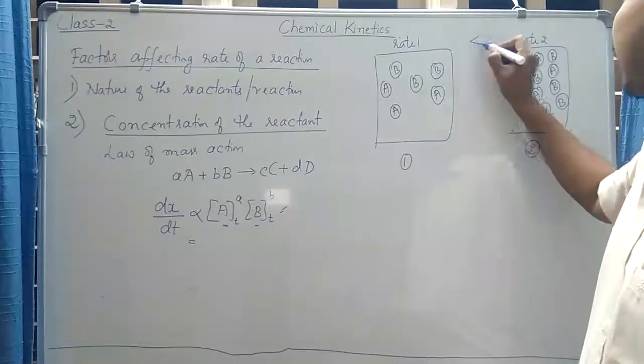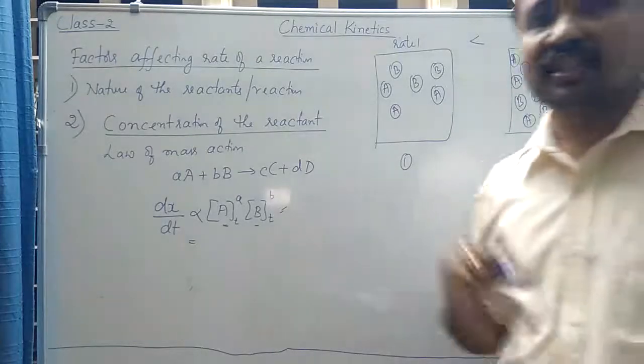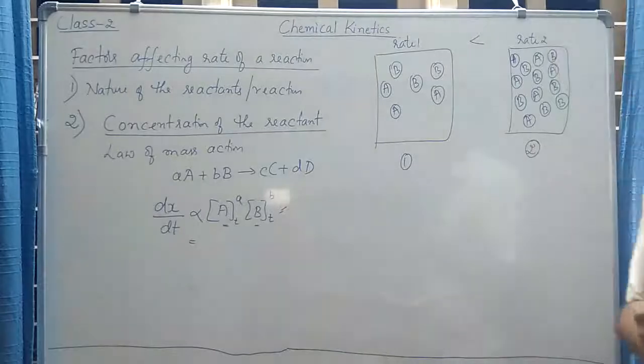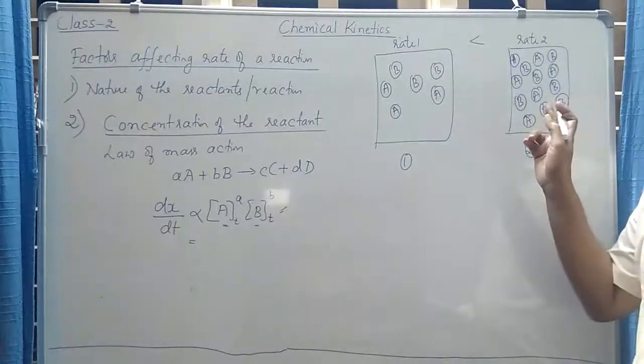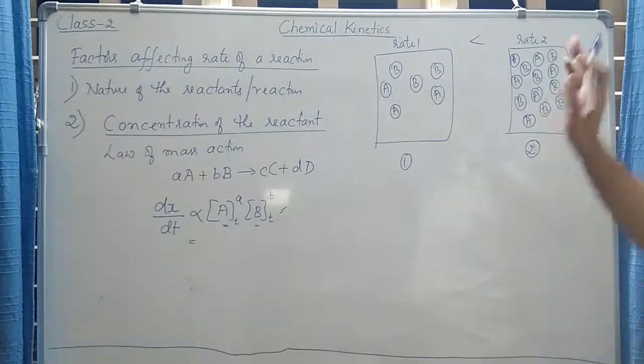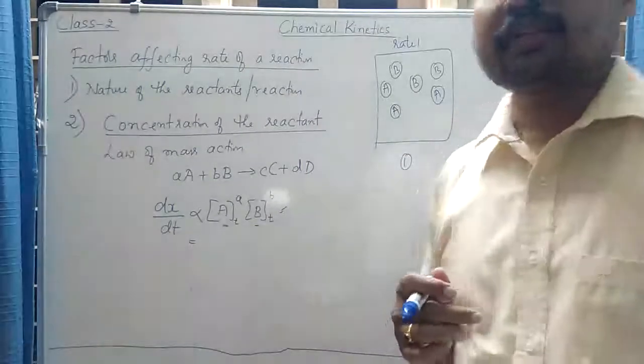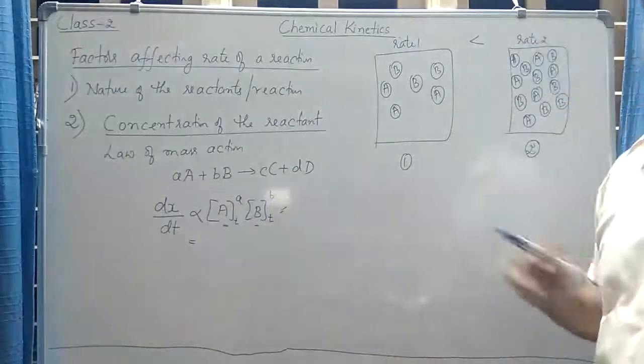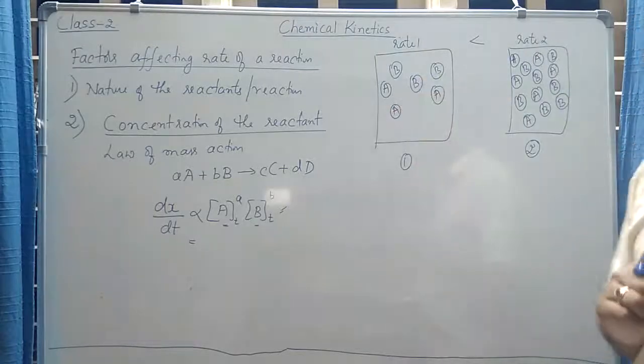Here, the rate of the first reaction is actually lesser than the rate of the second reaction. Why? Because the concentration of the reactants A and B is high here. So why should the rate of this particular reaction be greater than the rate of this reaction?